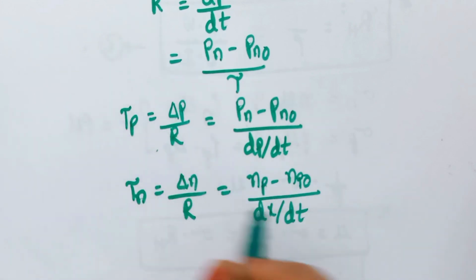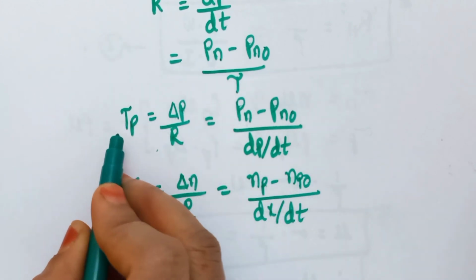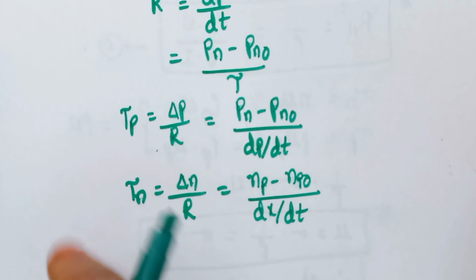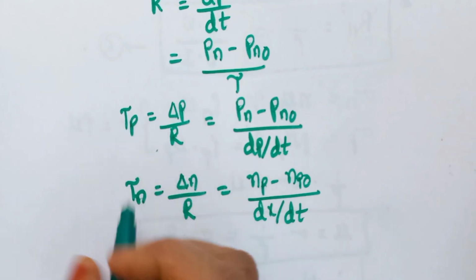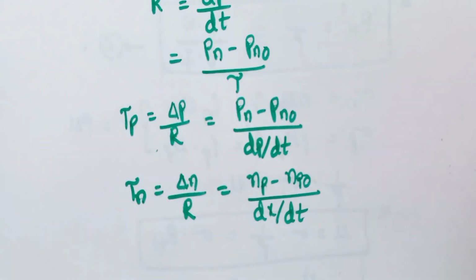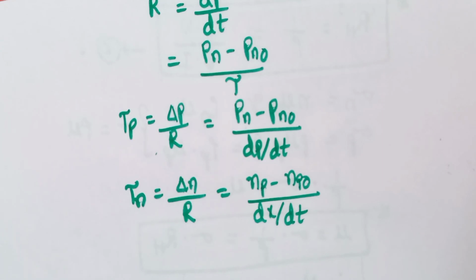These are the expressions for the lifetime in N-type and P-type semiconductors. This continuity equation describes how the carrier density in a given elemental volume of crystal varies with respect to time.